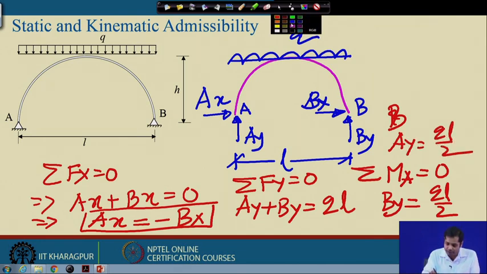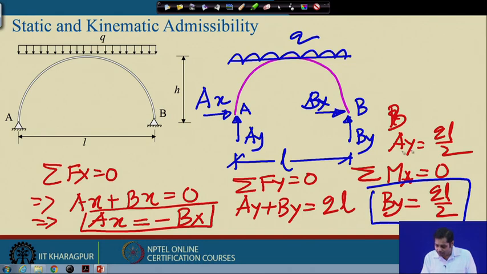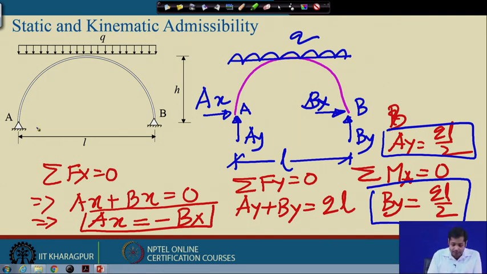Now, how many unknowns do we have here? We have Ax, Ay, Bx, By, a total of 4 unknowns, and out of these we have determined By and Ay, and we have already used all the equilibrium equations. We still need to find out Ax and Bx.